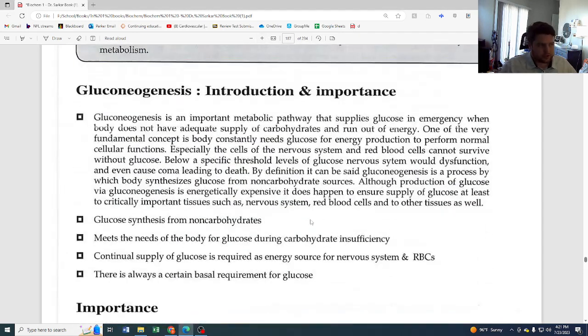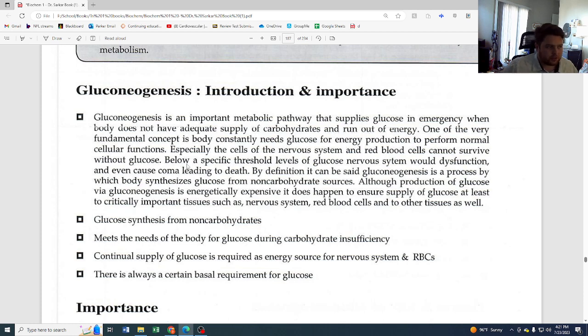Okay, so gluconeogenesis is an important metabolic pathway that supplies glucose in emergency situations when the body does not have an adequate supply of carbohydrates and runs out of energy. One of the very fundamental concepts is that the body constantly needs glucose for energy production to perform normal cellular functions. Especially the cells of the nervous system and red blood cells cannot survive without glucose.